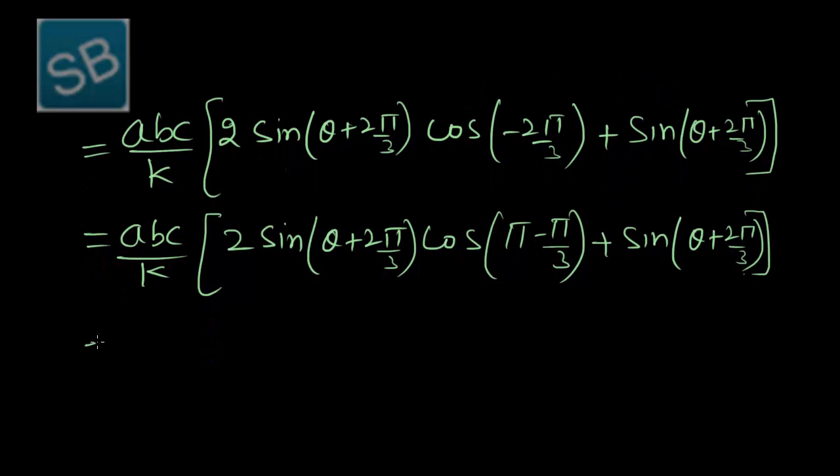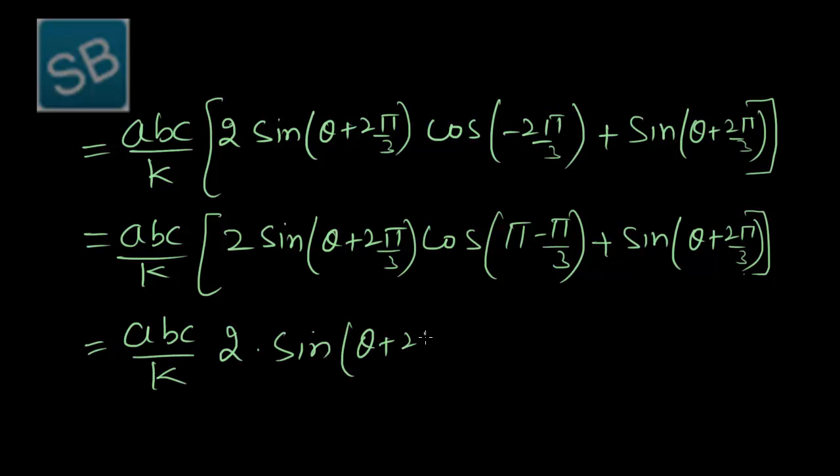So we can take out common ABC over K, 2 into sin theta plus 2 pi over 3 is common, and we get cos of pi minus pi over 3 is minus cos pi over 3, plus 1.